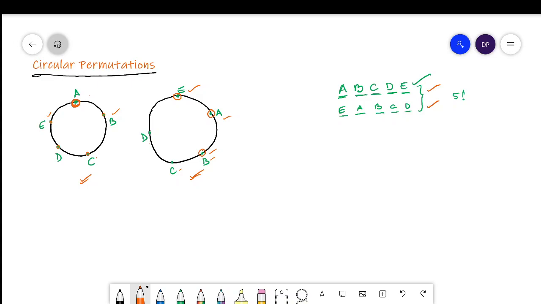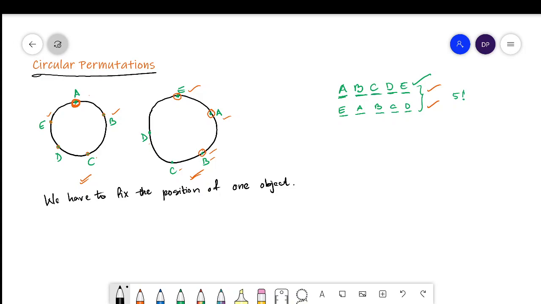When we fix the position of one object, then we have the remaining four objects, isn't it?